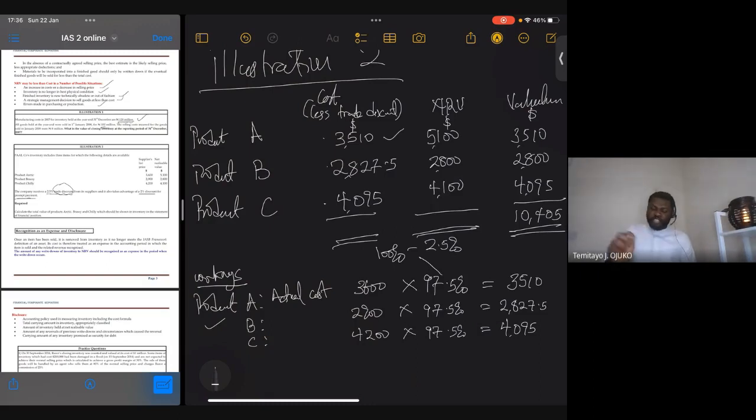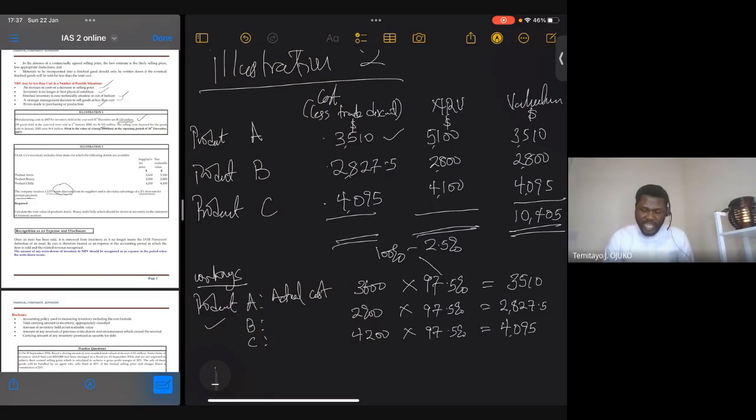Now, let's just quickly go back and look at the other assumption, that it should be grouped. It shouldn't be grouped together when you're comparing cost and net realizable value of all inventory. Or let me put it this way: you shouldn't group all inventory together when you're comparing the cost and net realizable value. Now, this will just give you an idea of what the difference is.